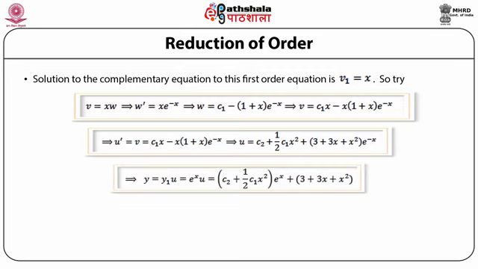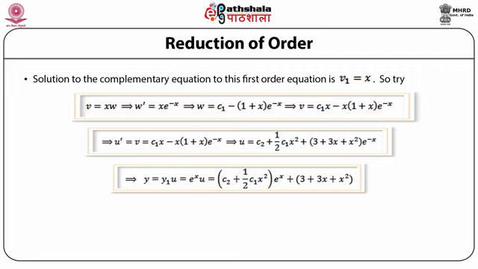Finally, the solution y is the product of y1 and u, given by e^x times u. So y = e^x (c2 + c1 x^2/2 + (3 + 3x + x^2) e^(-x)).